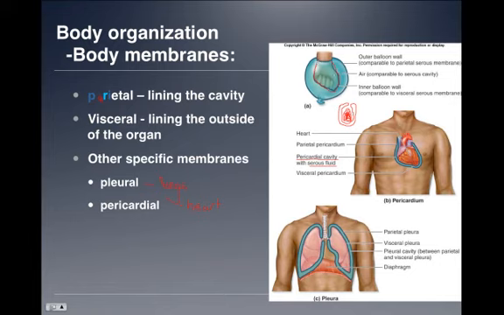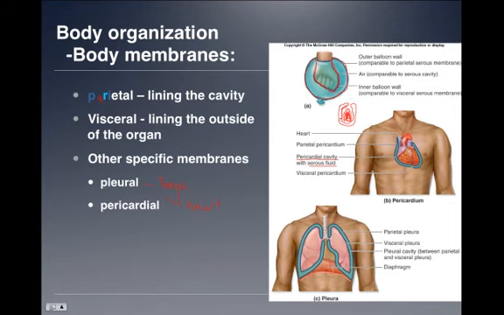If your fist were the heart, this would be the visceral pericardium. And then the outer layer, where it folds back on itself, is called the parietal layer, or parietal pericardium. So in my drawing, this inner membrane directly surrounding the heart is the visceral lining, and the outer lining is the parietal lining.